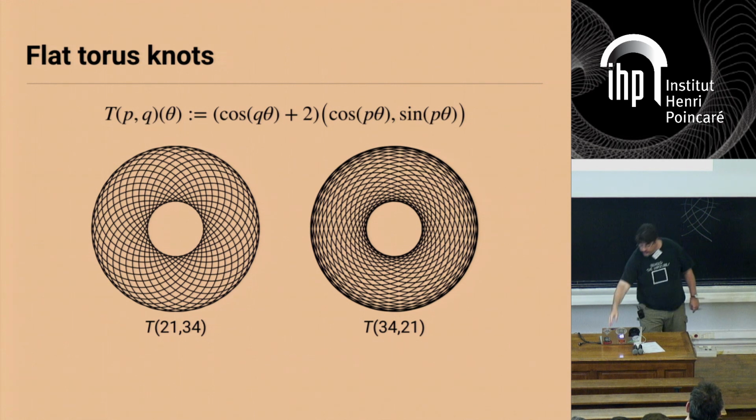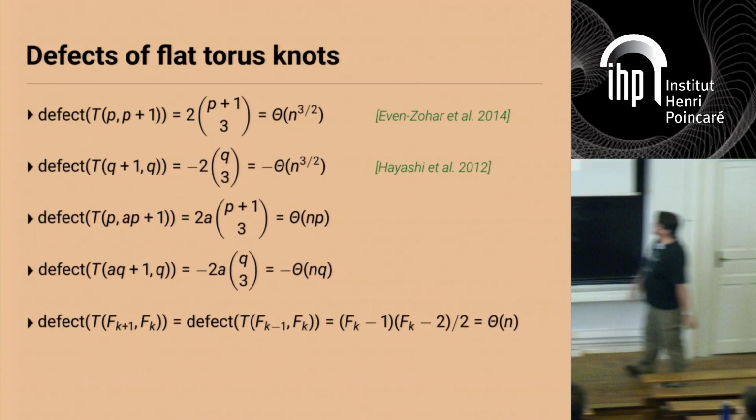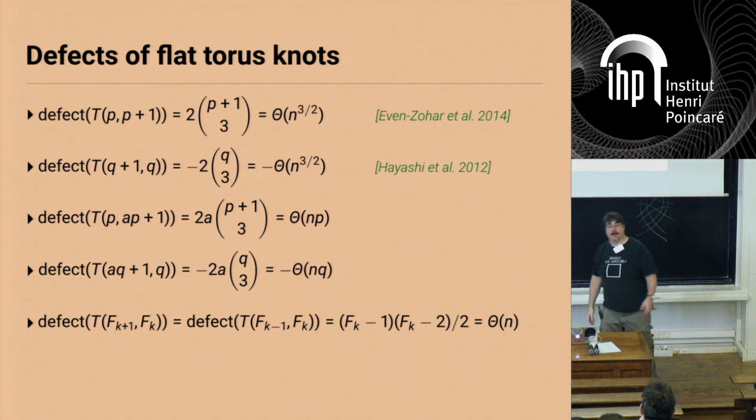If that's true, then this would give you a family of random knots where the expected Casson invariant is only linear instead of n to the 3/2. Yeah. That's right. You made some final corrections, which I haven't propagated to my slides. So ask him.